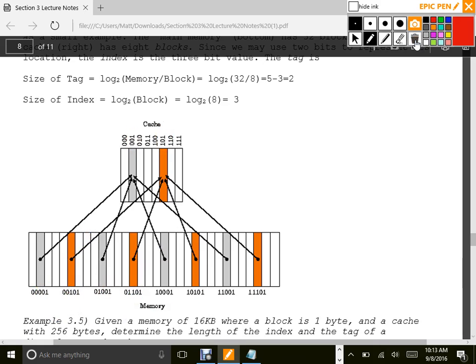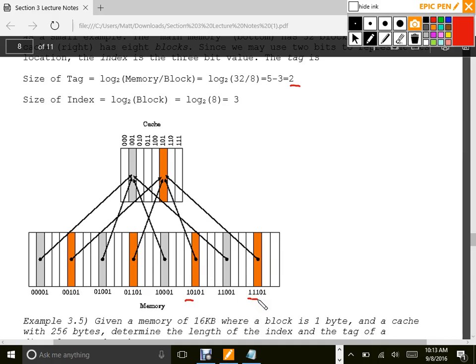So here's how the cache memory works. I am running some code in block 11101. It turns out that my next piece of code has my data in 10101. So my tag, which is 2 bits, indicates the difference between those, right?